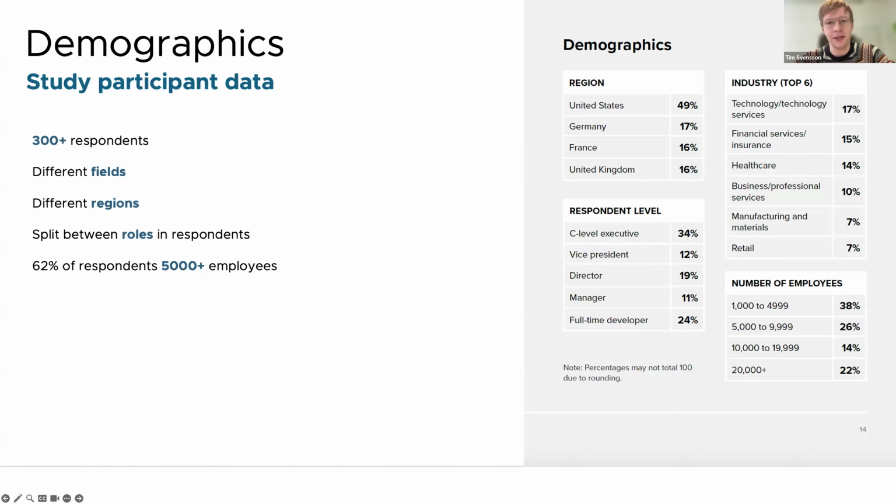It's not just software companies, it's healthcare companies and financial institutions. Most of the respondents work for companies with over 5,000 people, so it's definitely enterprise people that have been interviewed. That gives you a basis for where these findings have been made. If you recognize yourself in one of these, then you're probably also pretty close to home here.